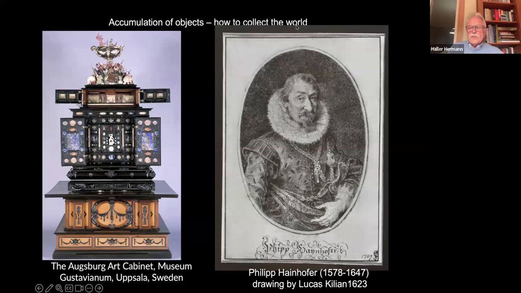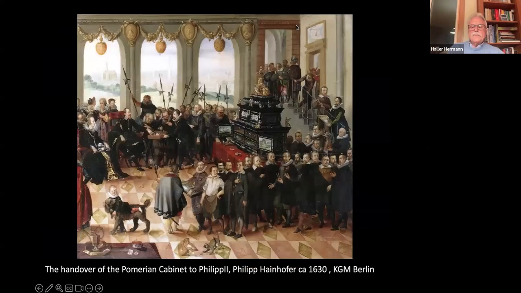And during that time, just to have more friendly relationships with him, Heinhofer makes this cabinet and sends it to Sweden. The king actually didn't see it because he was killed in one of the battles in the middle of Europe. But nonetheless, it's still in Uppsala. It's still one of the most famous objects they have in Sweden. It was very expensive. And on the right-hand side, you can see Philip Heinhofer.